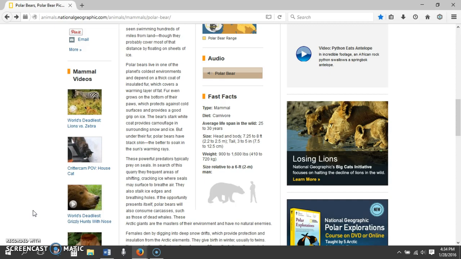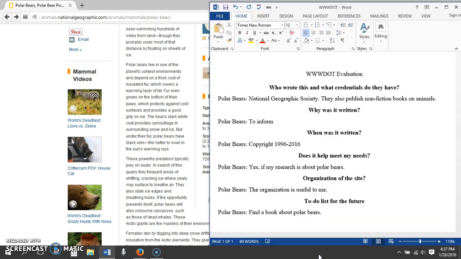So if I were working on a polar bear project and I had looked at this website already, my to-do list would have the note that I need to go find a book in the Library Media Center about polar bears. If I write down the answers to all the WWWDOT questions, here's the results for the polar bear website.